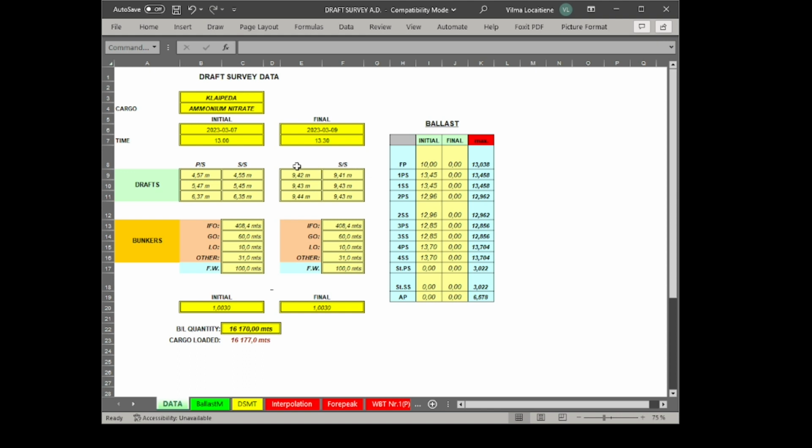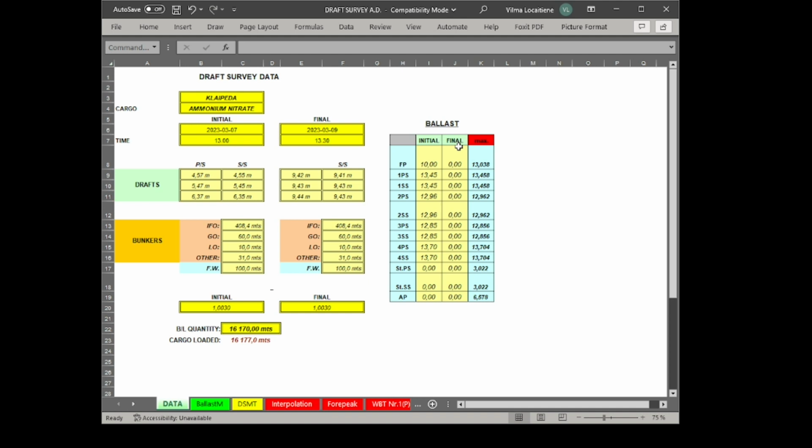There you can see it is 6 soundings, 6 readings from the draft marks, but there we can see that the quantities are the same because nothing was used during loading of cargo.